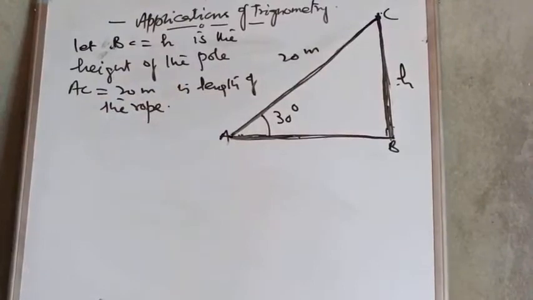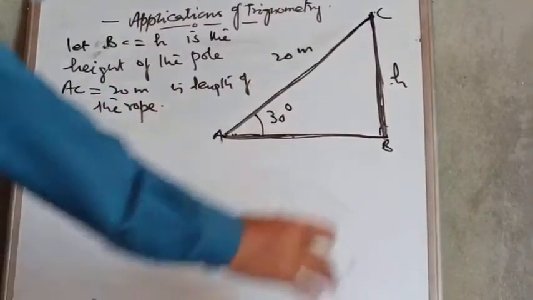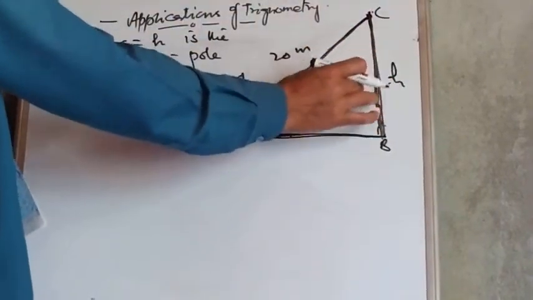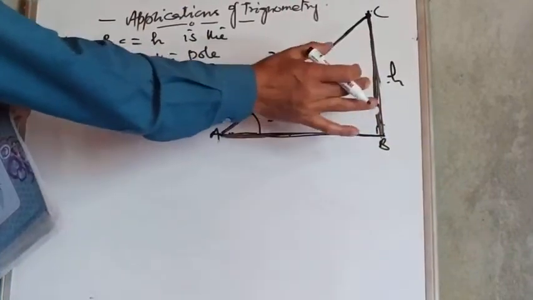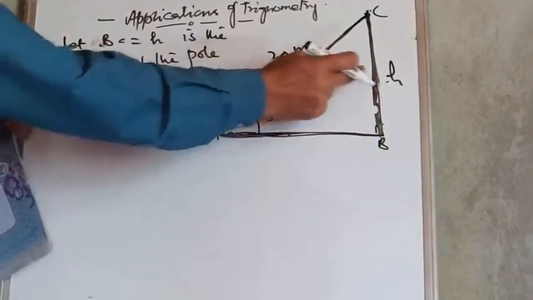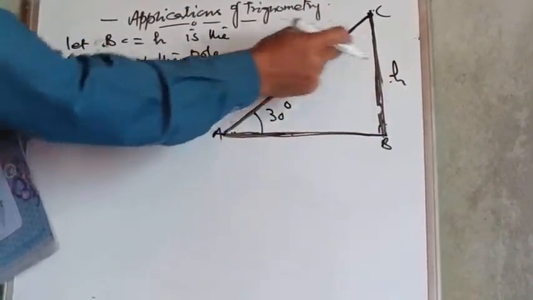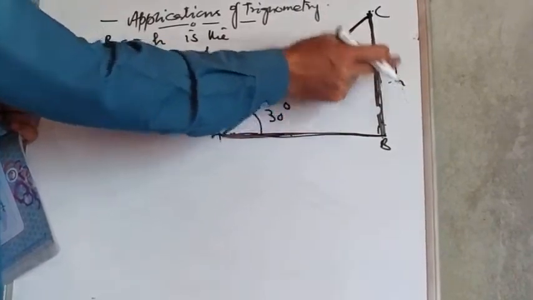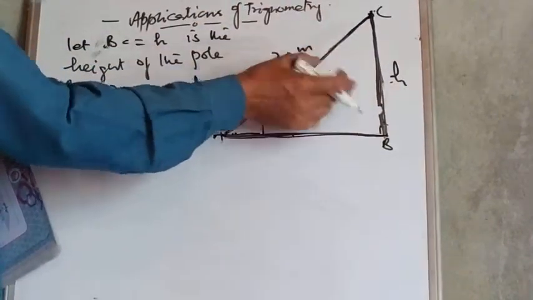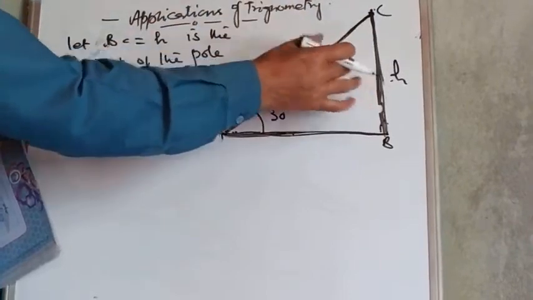Now what you are going to find is the height of this pole BC. Now we know that we have to involve these two sides this time, perpendicular and hypotenuse. Since perpendicular is to be determined and hypotenuse is given, therefore we will involve these two sides.